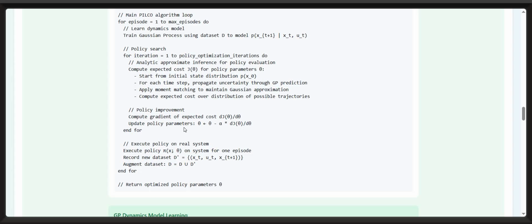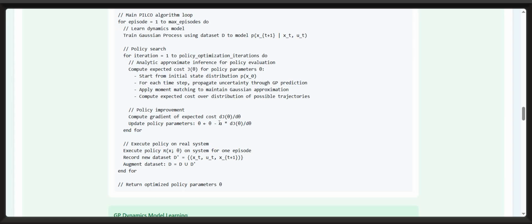So how does this fit into the policy optimization? We are interested in minimizing the expected cumulative cost. We usually write that as J of theta. This is a function of the policy parameters theta. The goal is to find a policy that optimizes J theta, which is defined as the expected sum of costs over time.